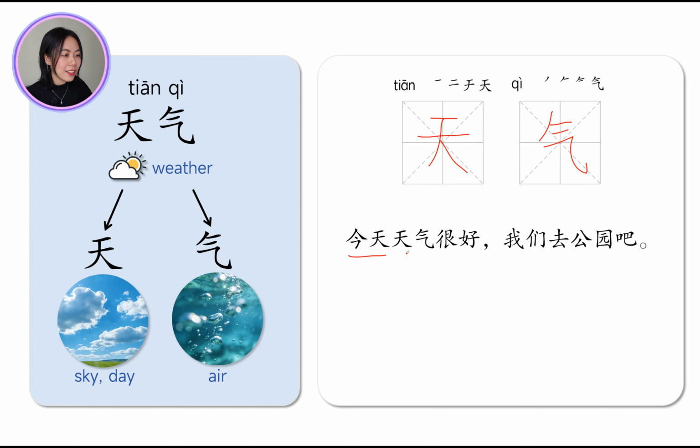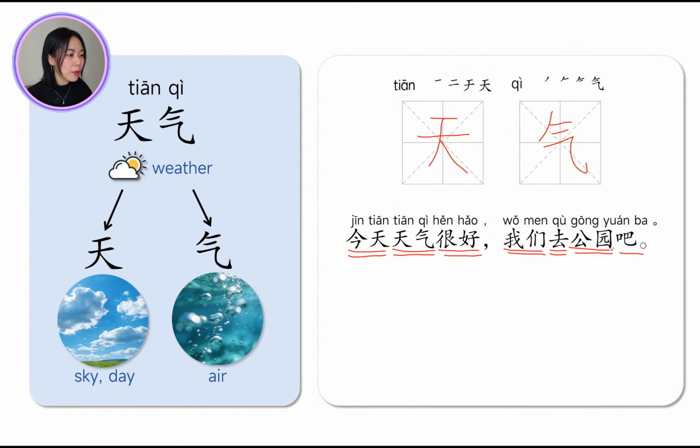Let's practice with sentence. 今天天气很好，我们去公园吧。Let's read with the 拼音。今天天气很好，我们去公园吧。Very good.